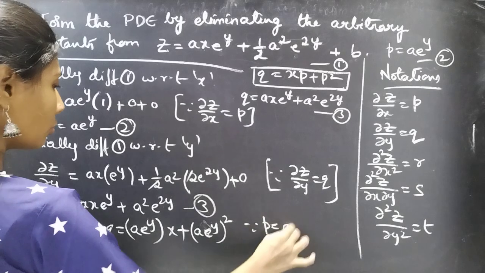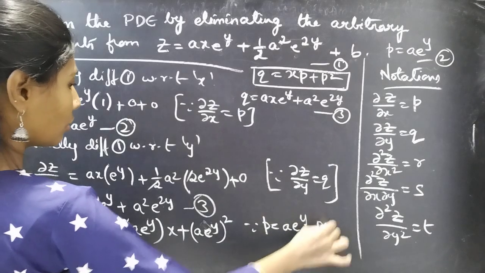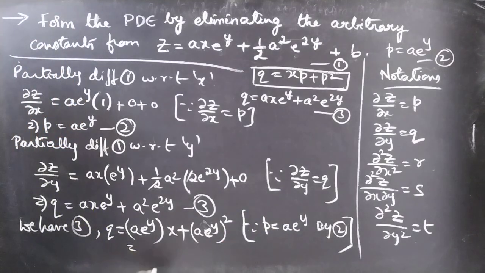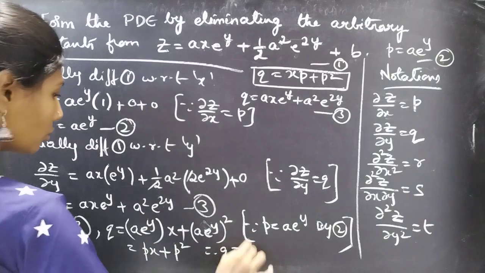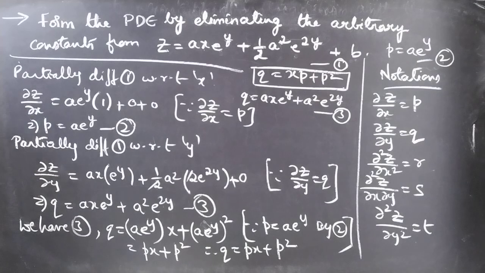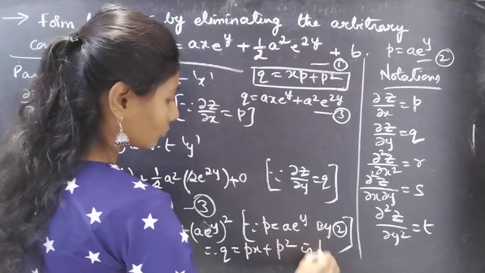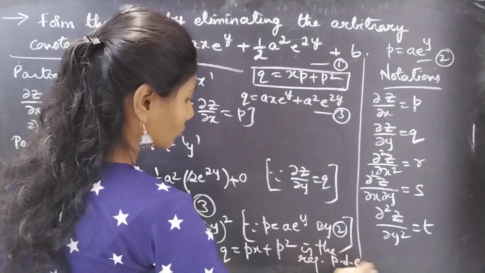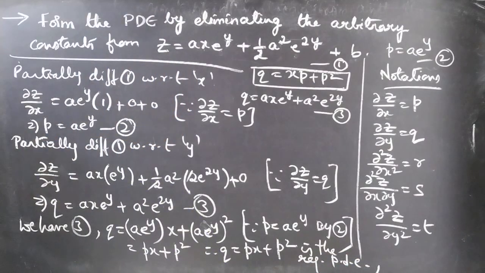Since p equal to a e power y, I will use this. Therefore, q equal to px plus p square is the required partial differential equation, which completes the problem.